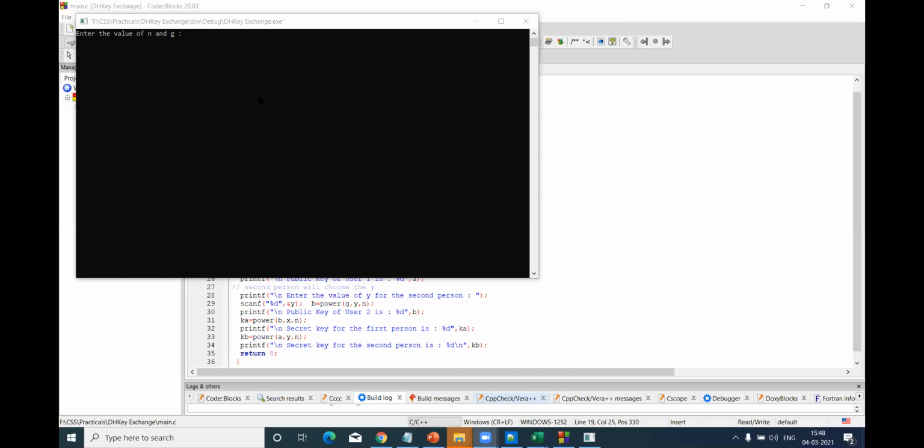I hope now we can share. You can see the screen, right? Which is the execution window.